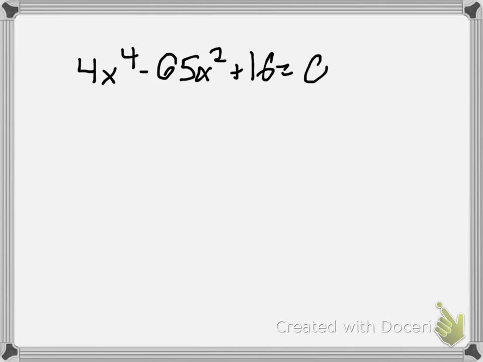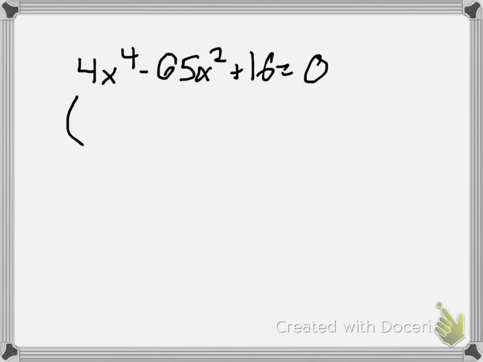All right, so number 13, we have 4x to the 4th minus 65x squared plus 16 equals 0. Okay, there's no common factor that can pull out of all that, so basically, again, you have to figure out how to factor it.